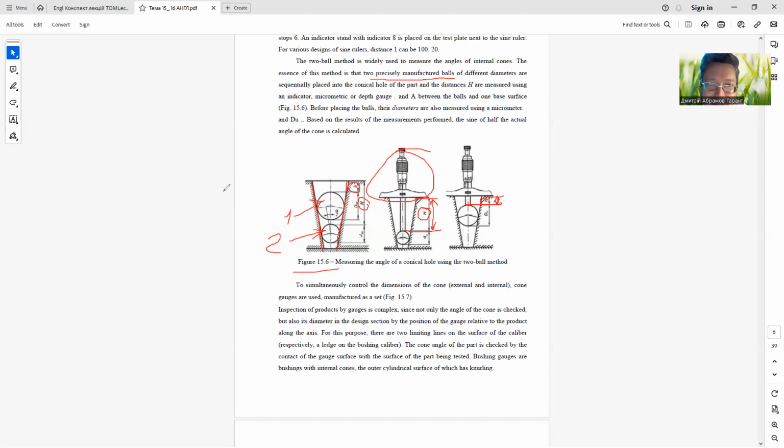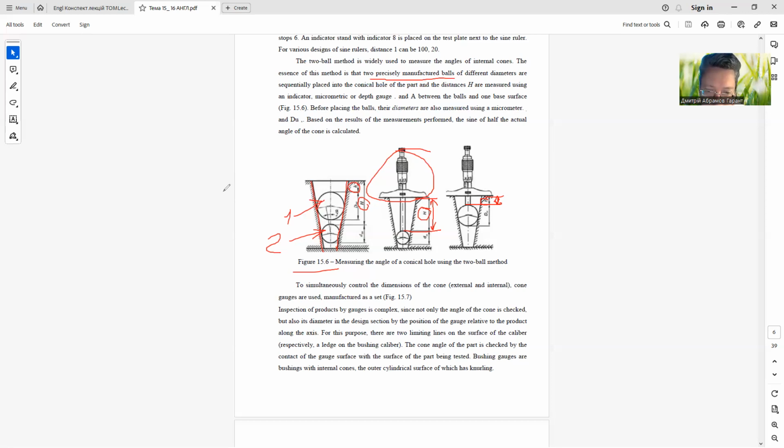Before placing the balls, their diameters are also measured using a micrometer. Based on the results of the measurements performed, the sine of half the actual angle of the cone is calculated.